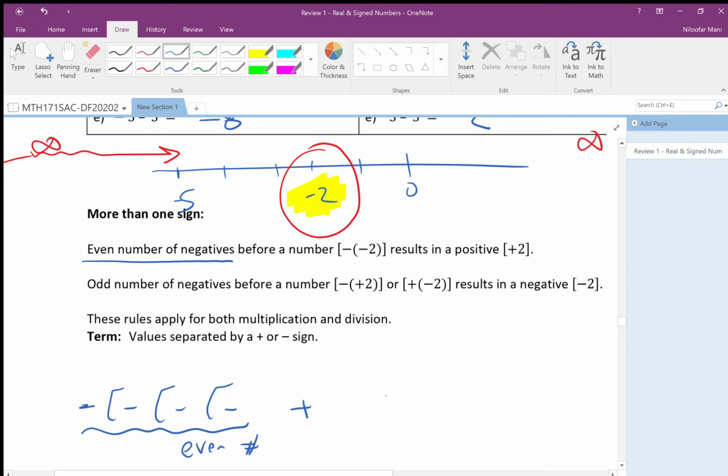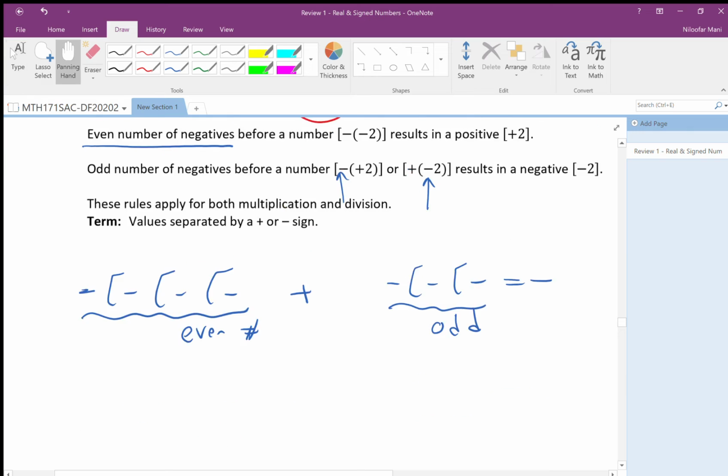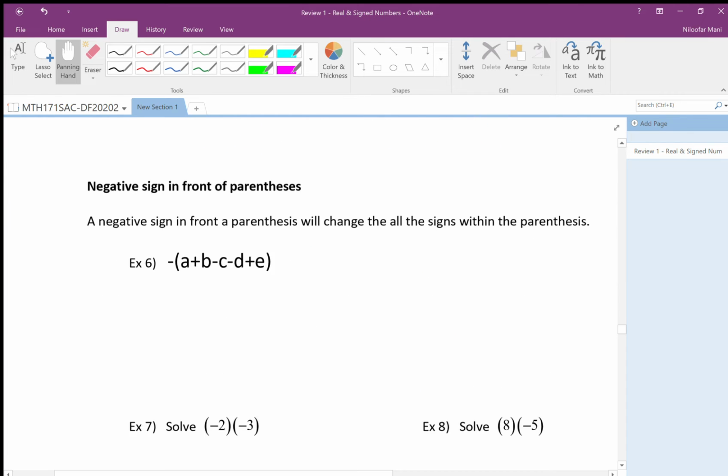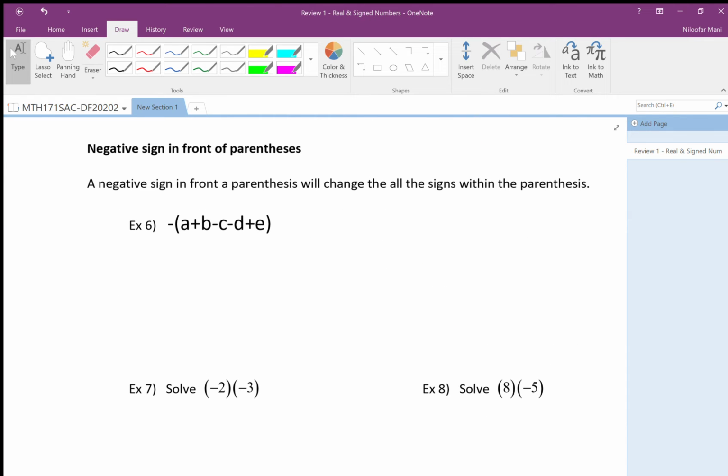But if I have an odd number of minuses, it is minus. Look at this, I have odd numbers. So the answer is negative. So if I see many negative numbers, I can just find the answer.